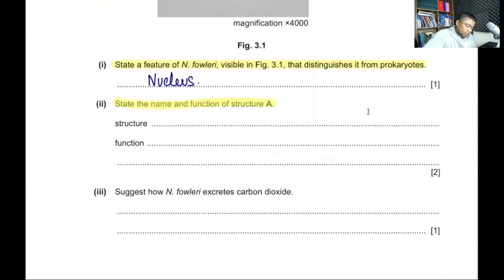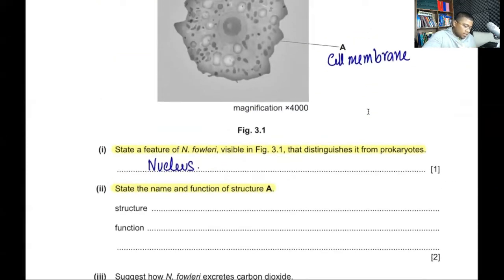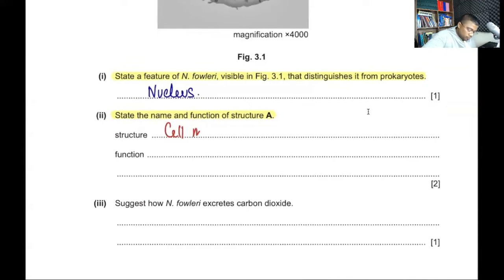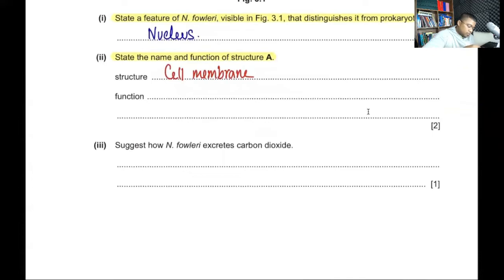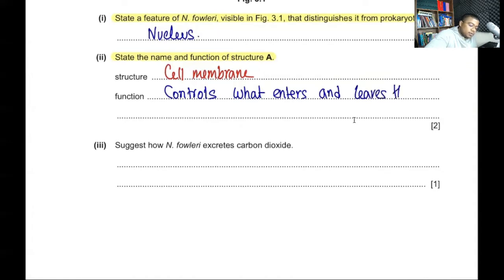State the name and function of structure A. So structure A is cell membrane, and it controls what enters and leaves the cell.